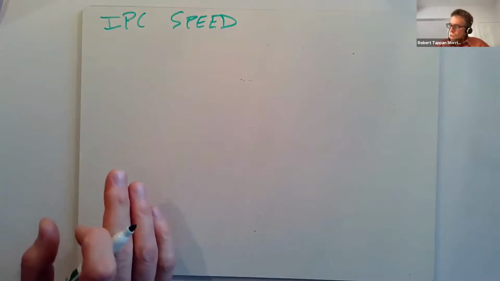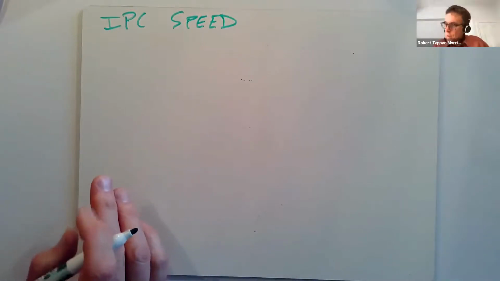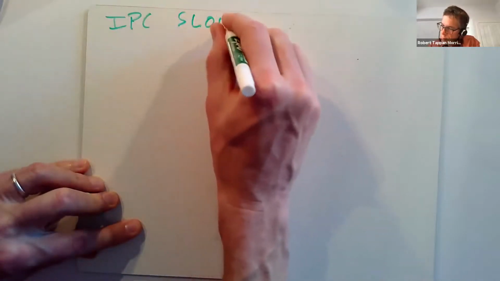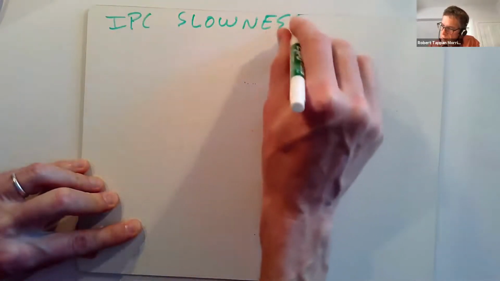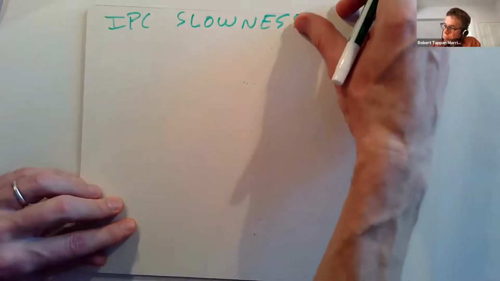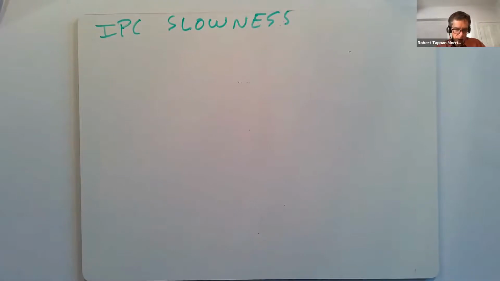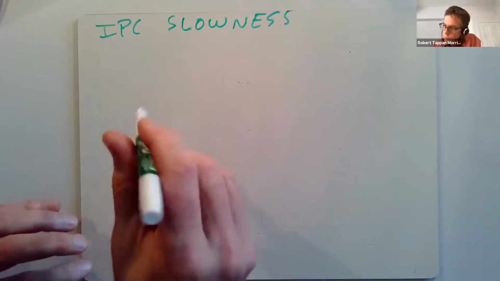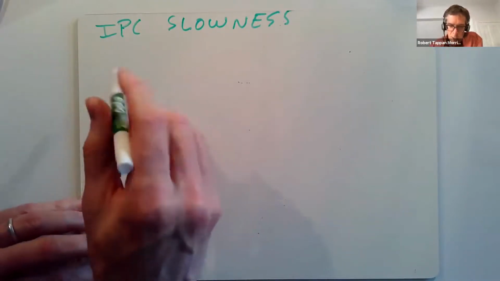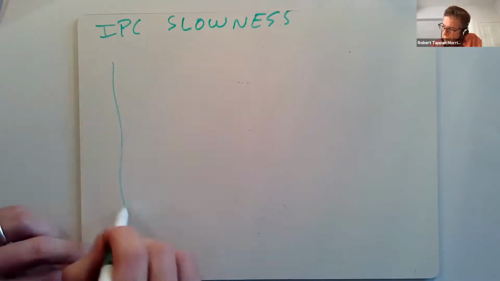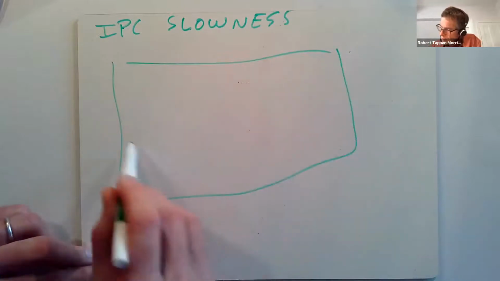So first, let me show you a straightforward but very slow design for IPC patterned off of Unix pipes. And I'm bringing this up because some early microkernels worked in sort of a similar way to what I'm about to show you, which turned out to be slow. Okay, so let's suppose you have two processes.